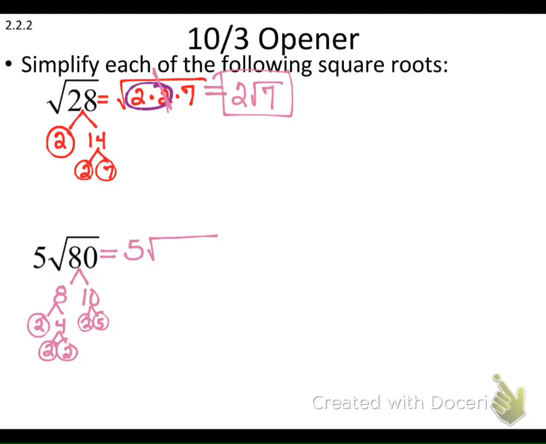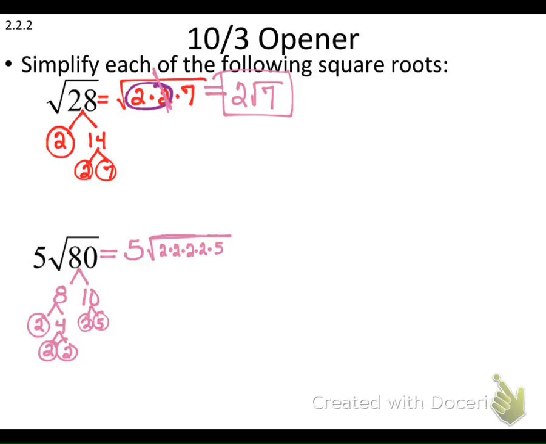So I'm going to do 5, square root, and then I'm going to take my prime numbers and write them under my square root sign. Times 2 times 5. Now, it is important to make sure that square root sign covers all your numbers. If it's not long enough, go ahead and draw it a little bit longer. So that's all of step 1 because all of those numbers are considered a square root.